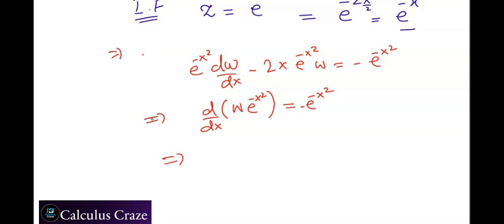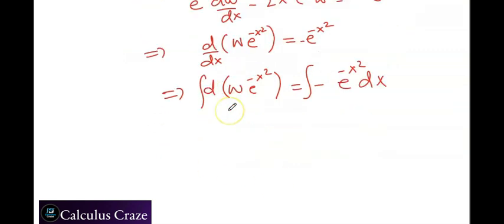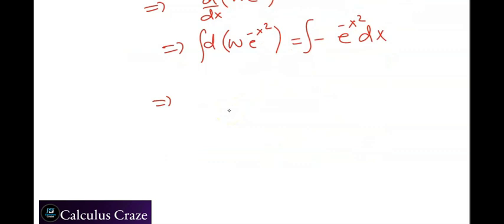So this implies w times e to the minus x squared, with differential minus e to the minus x squared dx. Once you take the integral, what we get here is w times e to the minus x squared equals minus the integral of e to the minus x squared dx.